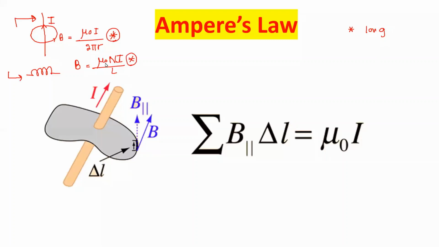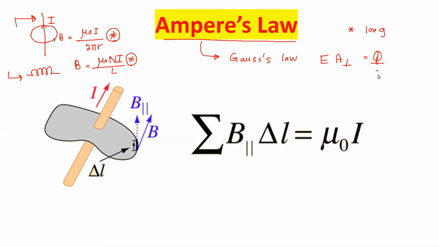So to derive these equations, we have a law which is called Ampere's law. And this is very similar to the Gauss's law that you saw in electric fields. You remember Gauss's law, right? In Gauss's law, what did we have? We had E A perpendicular. Then what did we have?